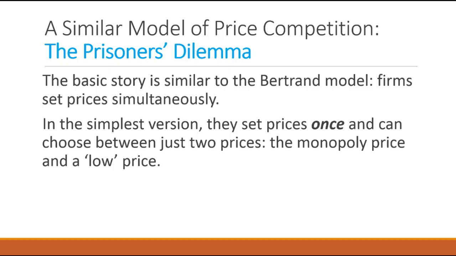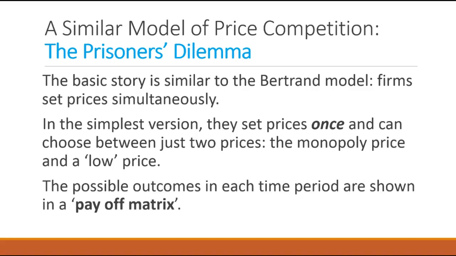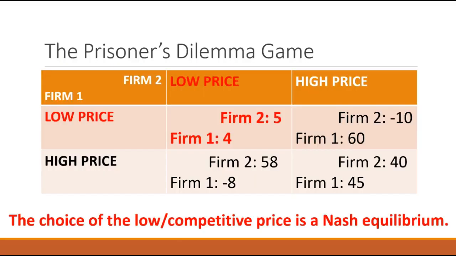We could call it a high price, like a monopoly price, or a low price. And the possible outcomes were shown in a payoff matrix. The payoffs in this case being the profits that each firm would expect given a combination of strategies.